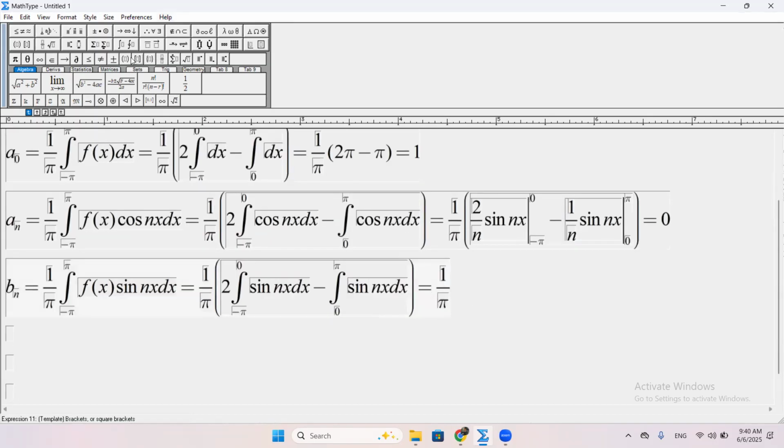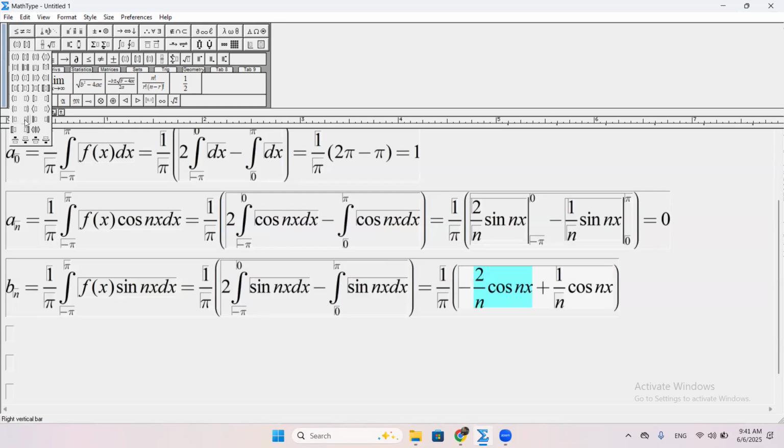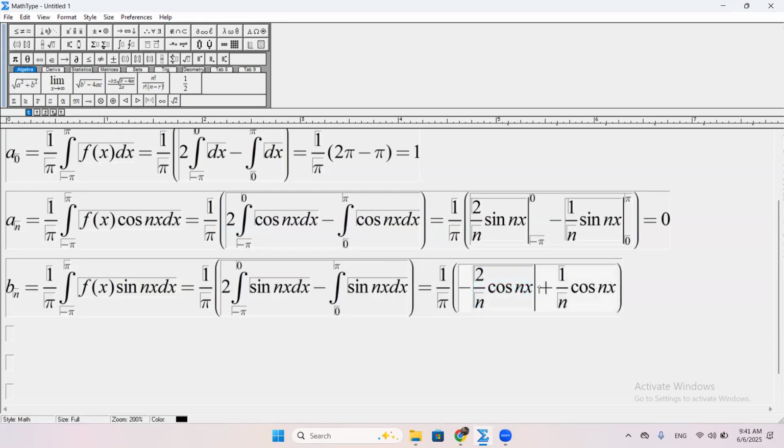So 1 over p, and what I will receive is minus 2 over n cosine of nx, and plus 1 over n cosine of nx. And the substitutions are from minus p to 0, and from 0 to p.